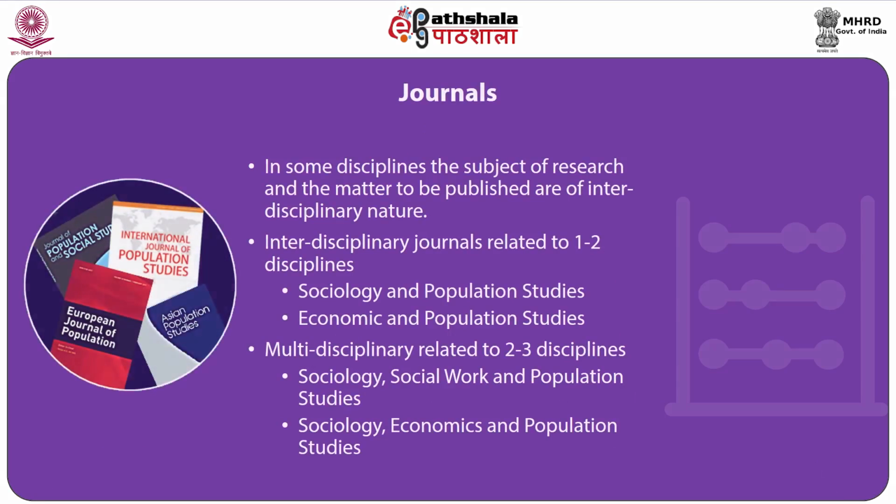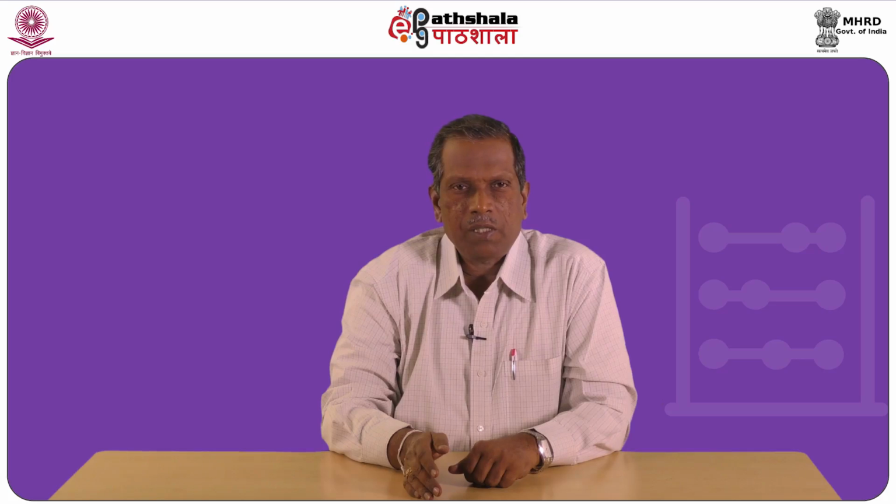Of course, one cannot forget that in some disciplines there are interdisciplinary journals. For example, disciplines like sociology and population studies, or economics and population studies journals, and multidisciplinary journals are also there. For example, disciplines like sociology, social work and population studies, or sociology, economics and population studies journals, since the subject of research and the matter to be published are of that sort in nature.